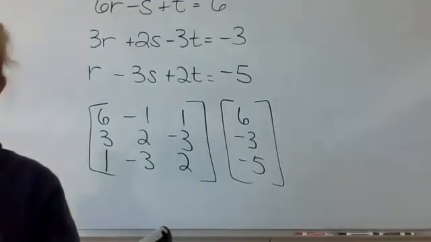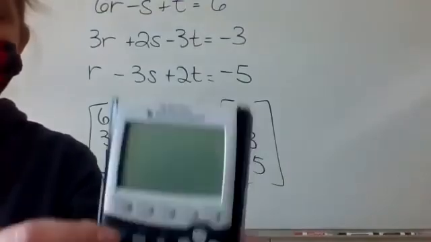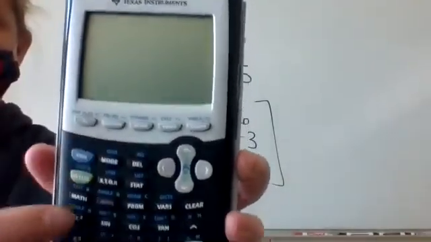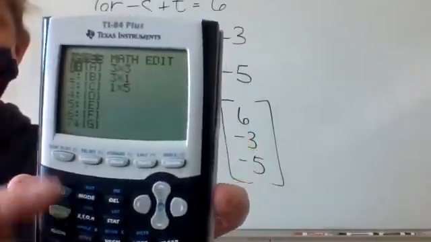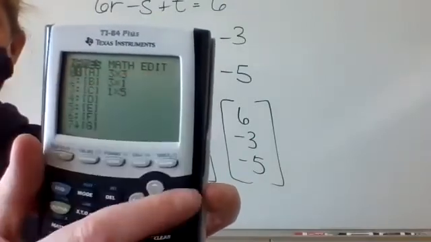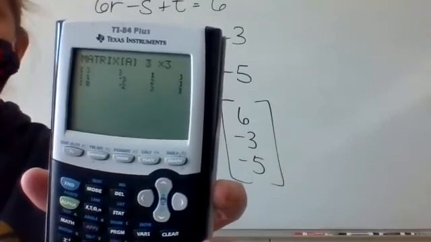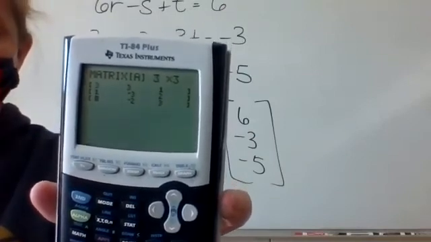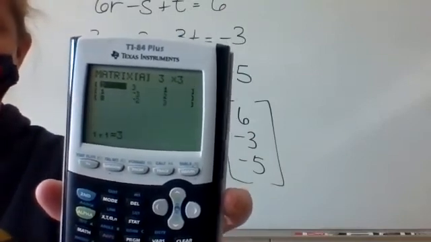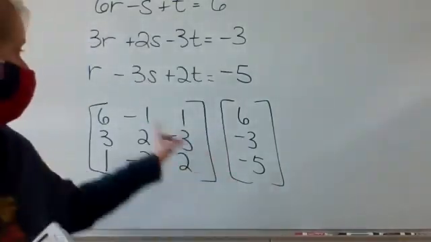All right, let's do this last one. So making a new matrix. So second matrix, make a new one. So I'm going to go over to edit. Still 3 by 3. So just enter. Type in my new numbers.